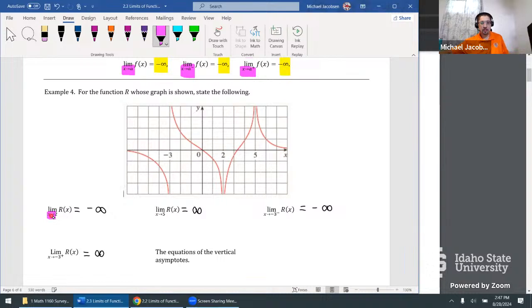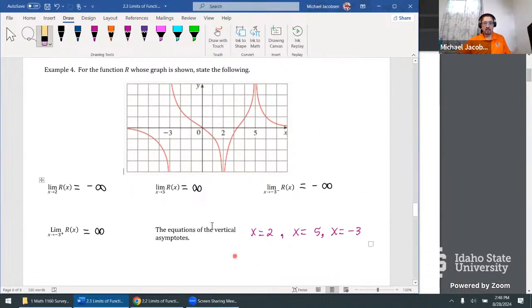So x approached 2, 5, negative 3, negative 3. That means the vertical asymptotes are x equals 2, x equals 5, and we only have to write down x equals negative 3 once. I'm going to take these off so it doesn't get a little too busy here. But does that make sense to folks on how to read the limits or state the vertical asymptotes?